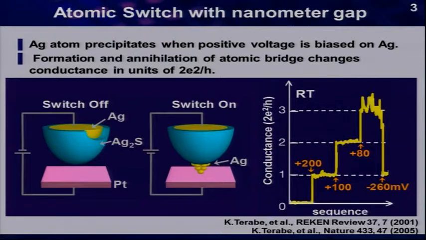Silver sulfide is an ionic conductor. At this small gap, the silver bridge forms by an electrochemical reaction. The right-hand side shows the conductance of the switch. By applying the voltage, the conductance is quantized in units of 2e squared over h. It's a quantum conductance. This shows the switching can be done by a few atoms.